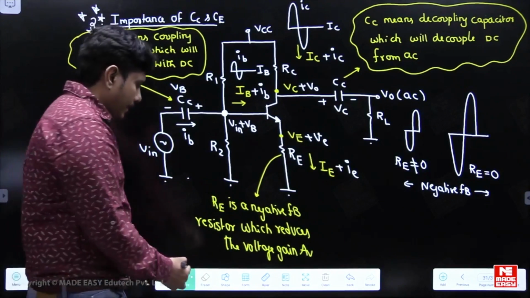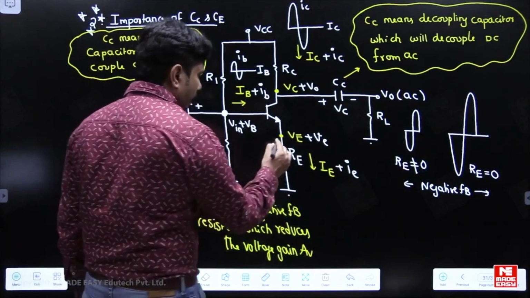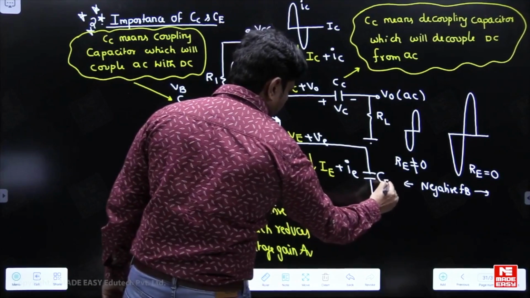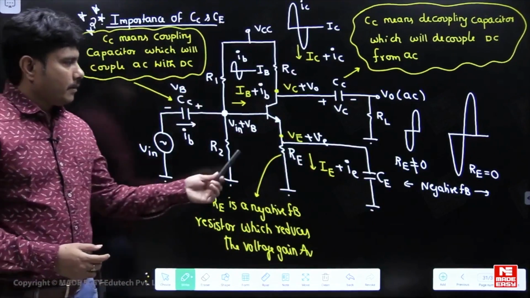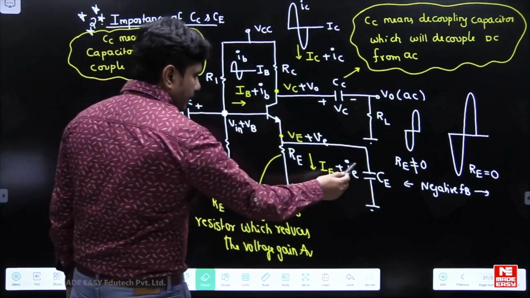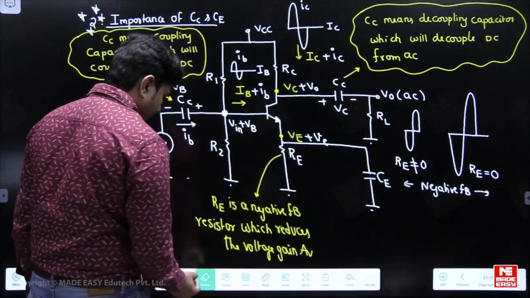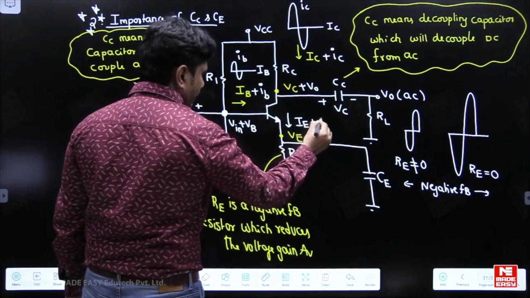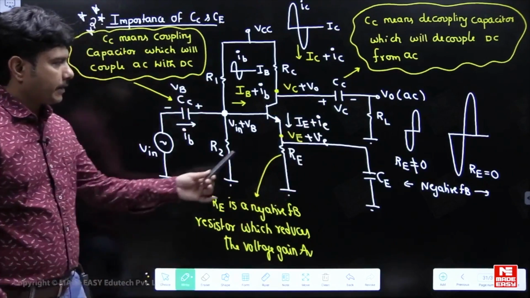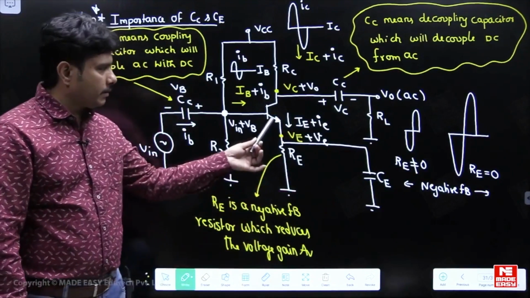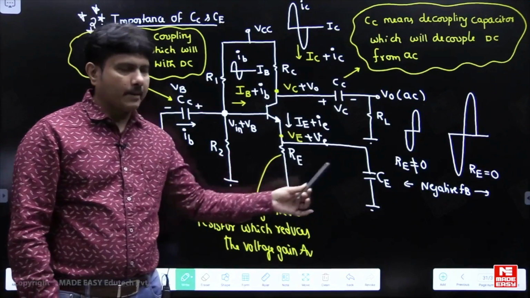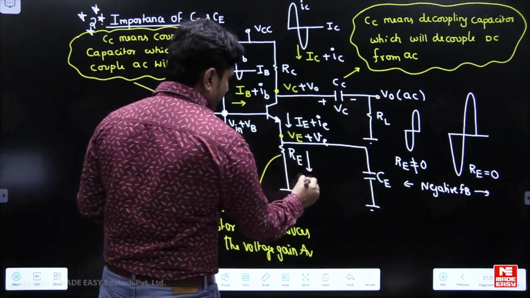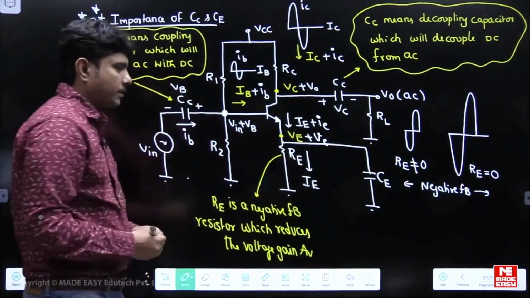If you take a capacitor parallel to this RE like this, एक capacitor लिया C. So whatever the current you are seeing here, it is coming from the top. This is IE plus small ie. If we keep capacitor CE here, can you see that DC current cannot go to the capacitor because it will work as an open circuit. So it will go to capital RE, which is more important for biasing circuits.